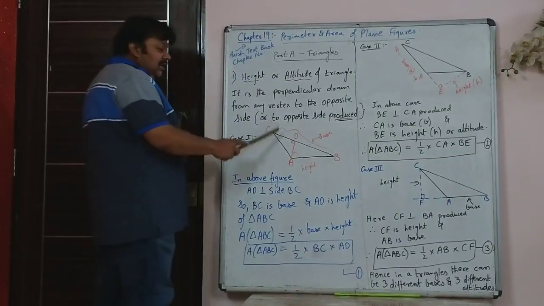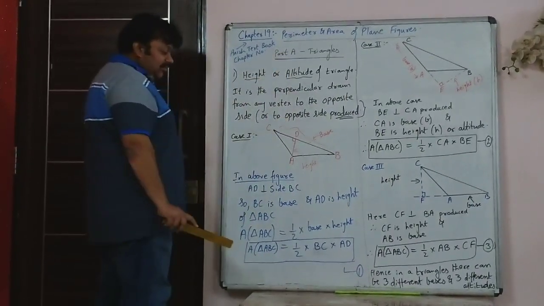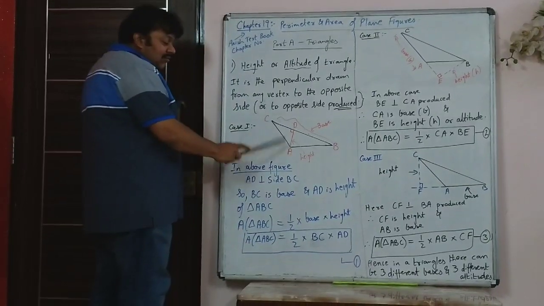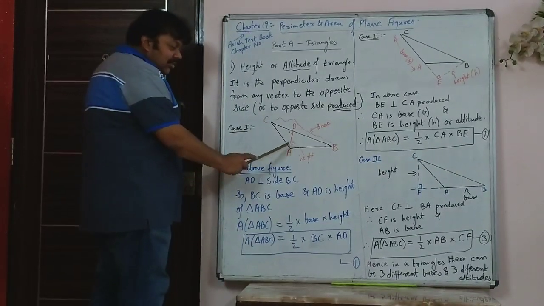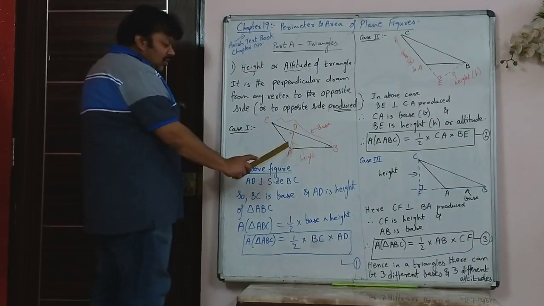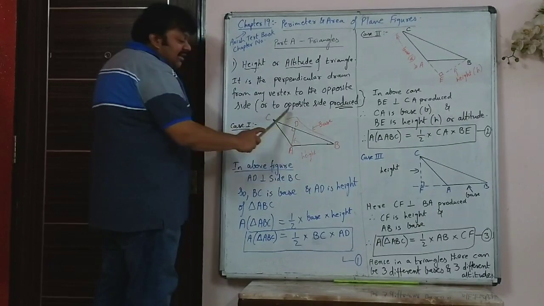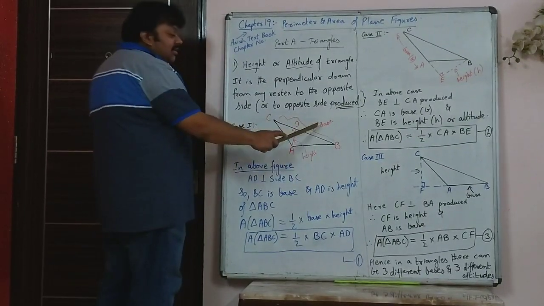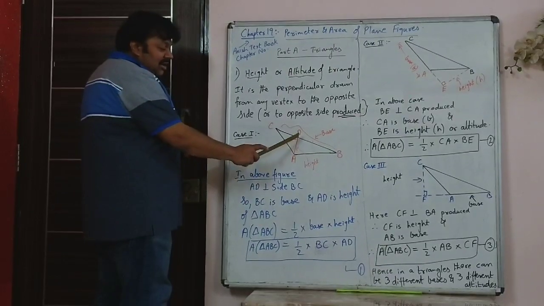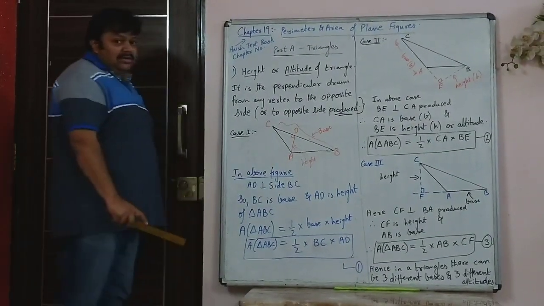So let's consider one triangle, the same triangle ABC, in 3 different cases. If in this triangle ABC I am taking vertex A first, and from A I am drawing a perpendicular to BC. Since AD is perpendicular to BC, the side BC is considered as the base, and the perpendicular from the opposite vertex to that base, that is AD, is called the height.